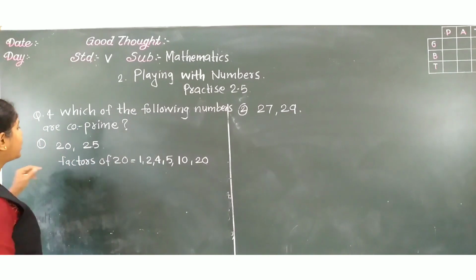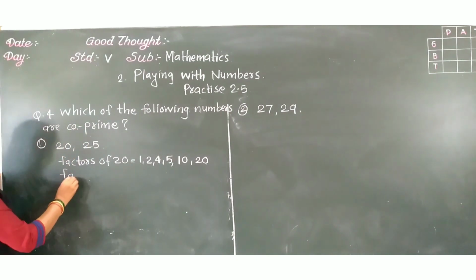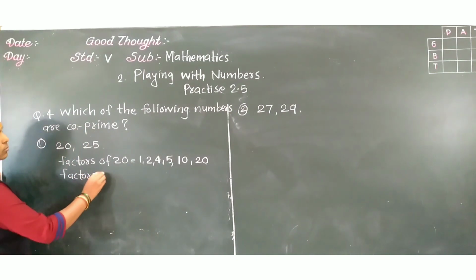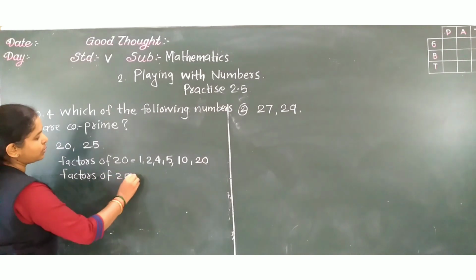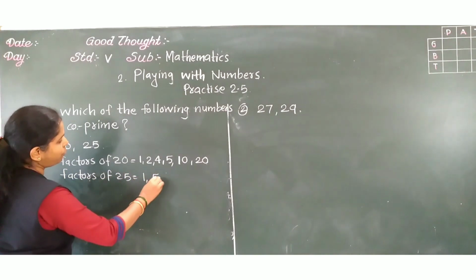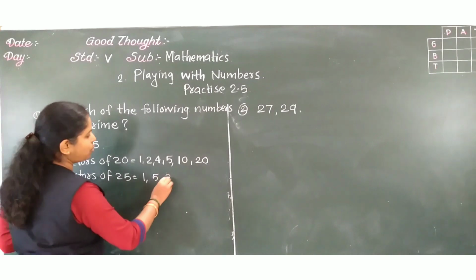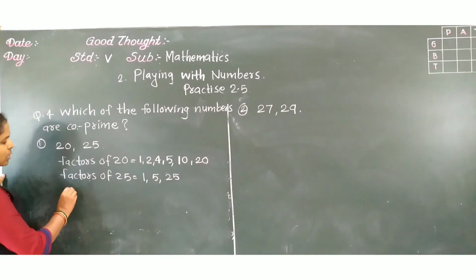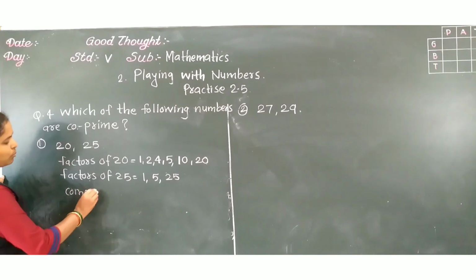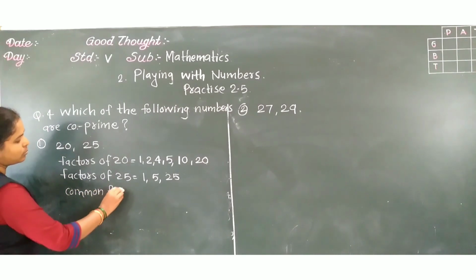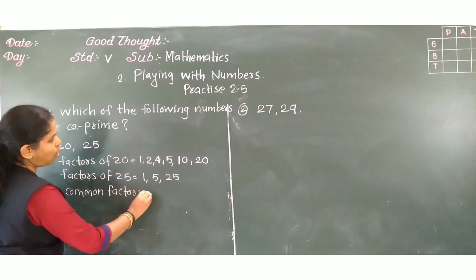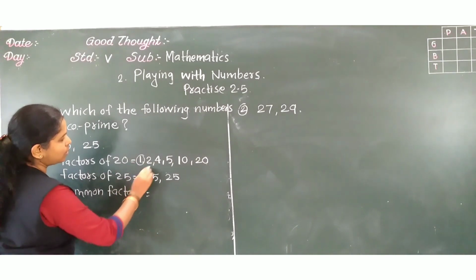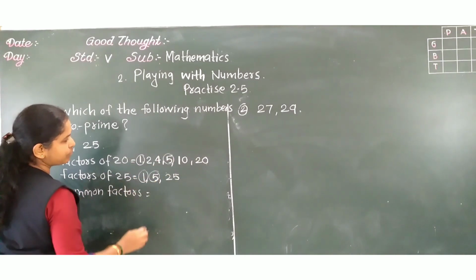Now, factors of 25. 25 is divisible by 1, 5 and 25. Okay. Now let us see common factors of these both. Common factors are 1 and 5. Got it?